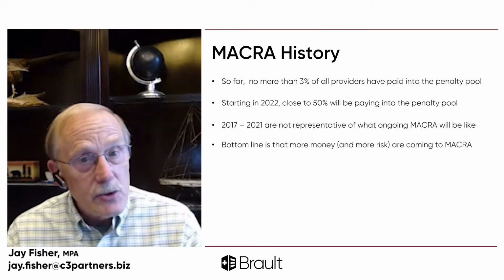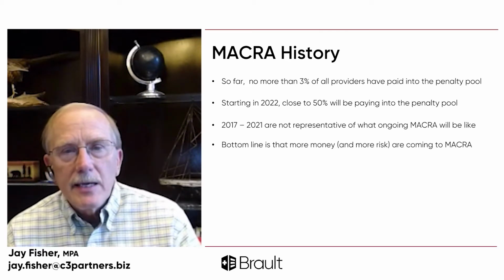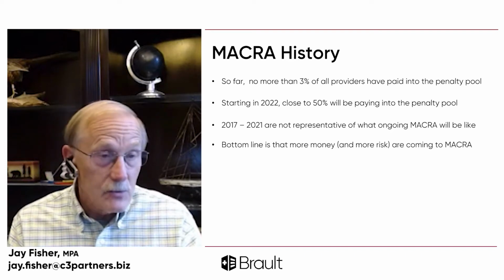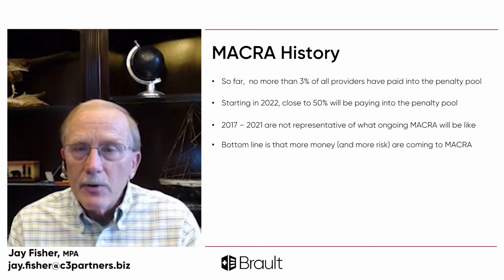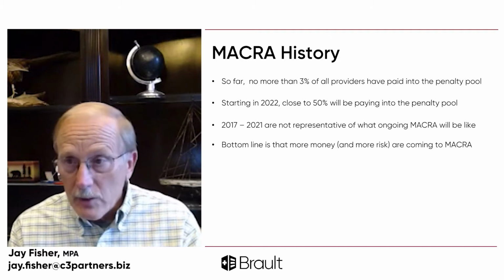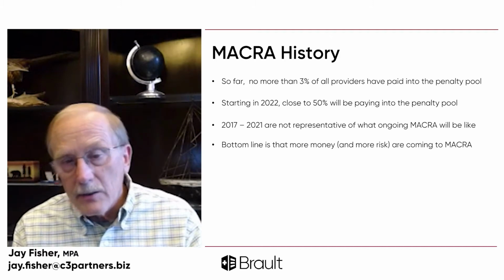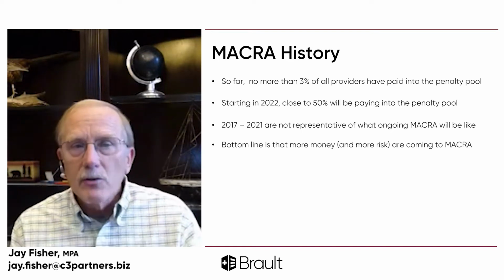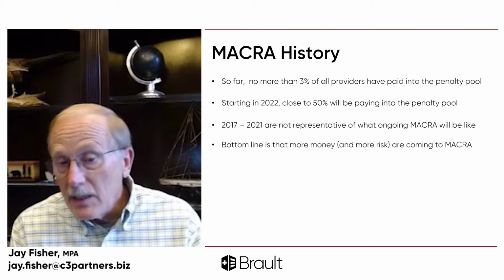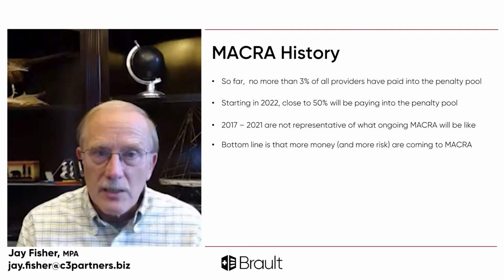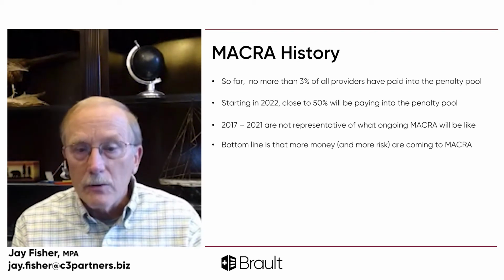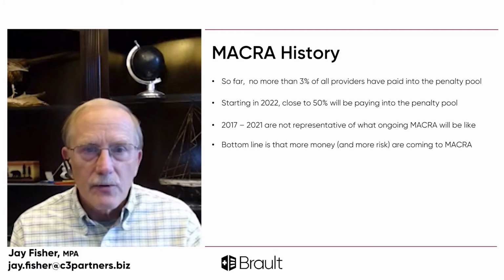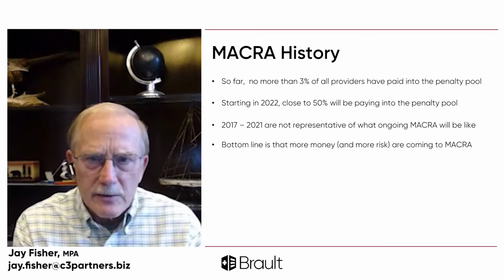And the method that they used to do that was they created this transitional ramp-on period, 2017 through 2022, and during that period we had lower performance thresholds, meaning in order to avoid penalty and start earning money, you needed a lower score. And we also had easier scoring rules, meaning that it was easier to achieve a good quality score or a good cost score or a good improvement activity score for hospital-based providers.